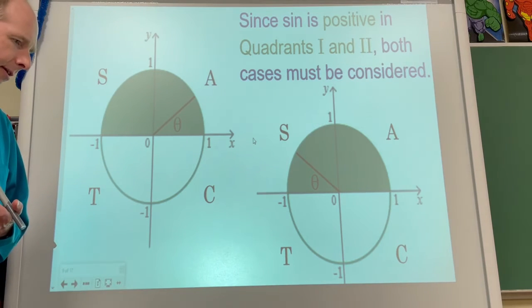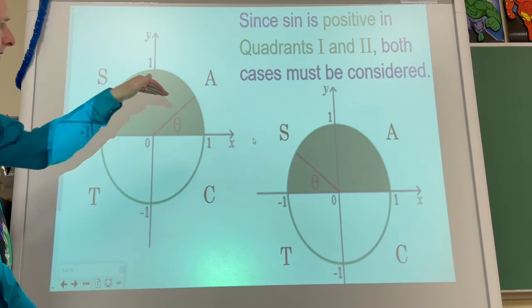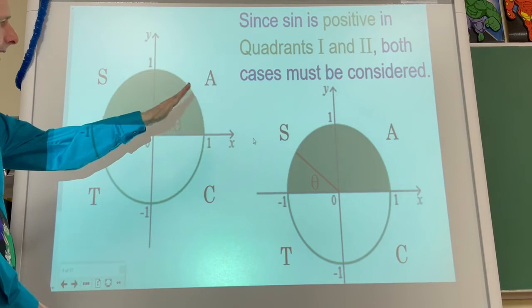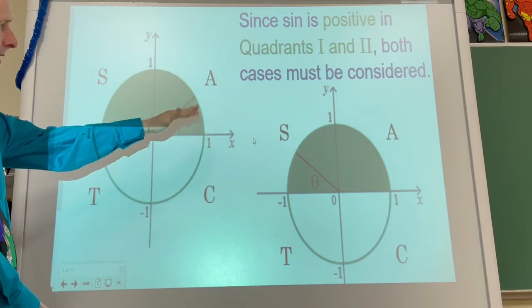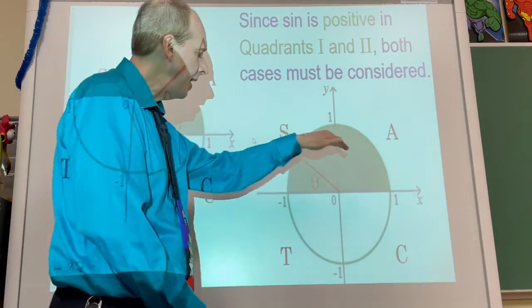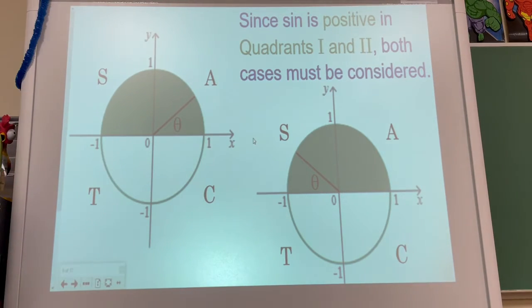So the trouble comes from the fact that sine is positive in two quadrants. Quadrant 1 and quadrant 2. So maybe my angle here is an acute angle. But maybe my angle is an obtuse angle and my angle is all the way into quadrant 2.